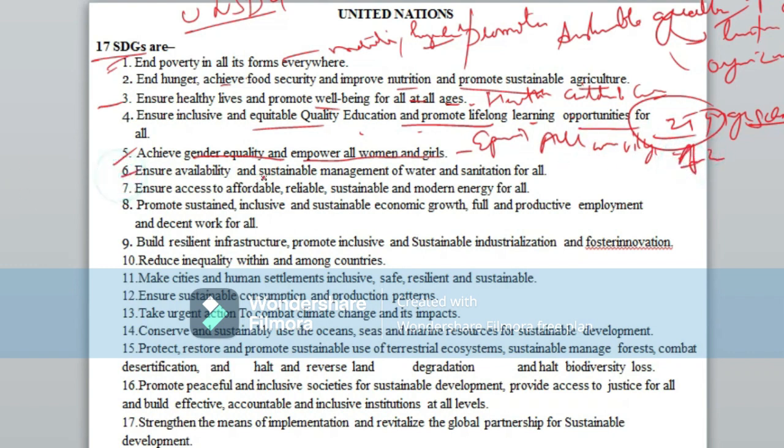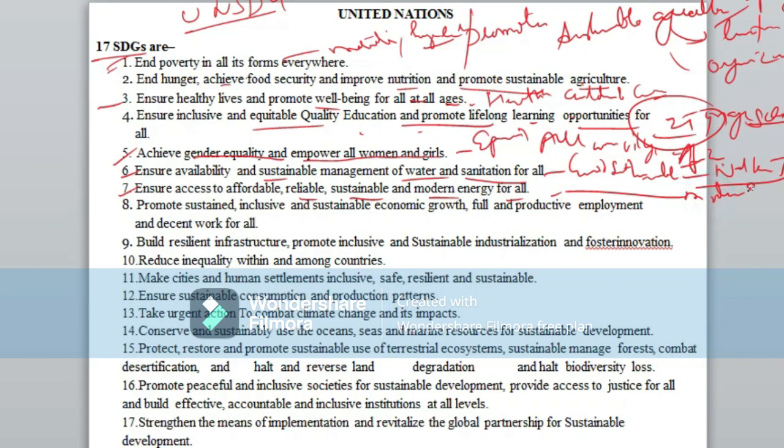Sixth is ensuring availability and sustainable management of water and sanitation for all, which ensures management of water, good water and sanitation. So there is a need for clean drinking water to be provided. The Government of India has adopted a program, Har Ghar Nal Ka Jal. Then seventh is to ensure access to affordable, reliable, sustainable, modern energy for all.